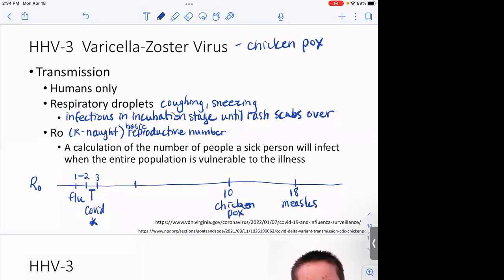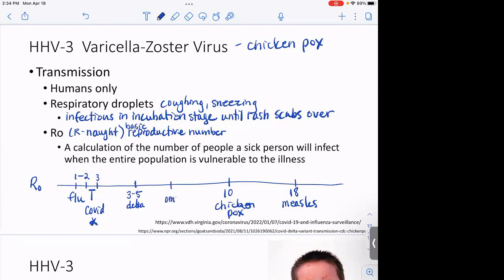Delta was somewhere between 3 and 5 for the Delta variant of COVID. Then I was trying to look up Omicron. Some sources say it's 3 times as infectious as Delta, which would put it at like 15. Other sources say it's more like 7.